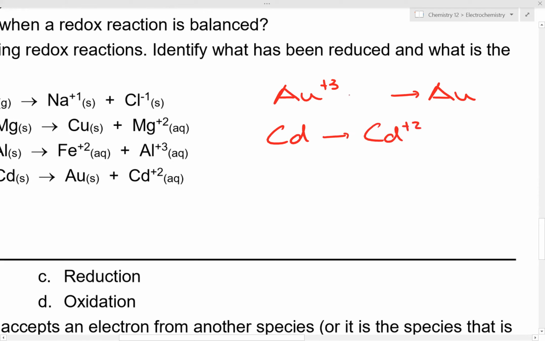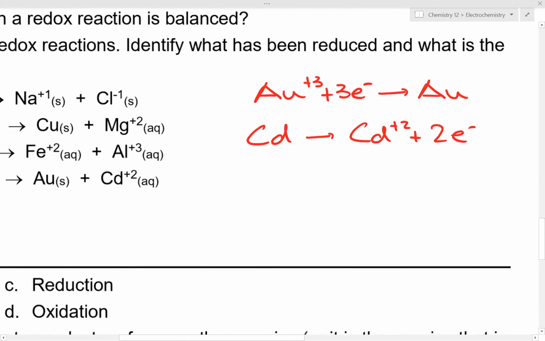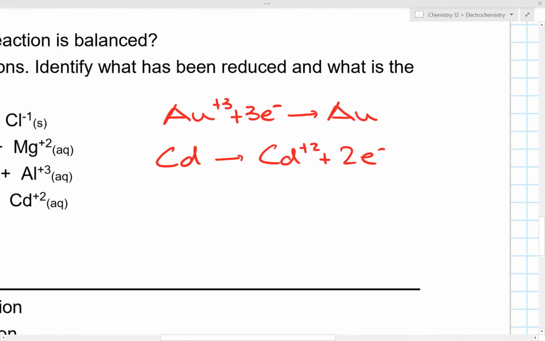Now, in the top equation, we know that there are 3 electrons. Here, there are 2 electrons. How did we know the top one was 3 electrons? Because we needed to reduce the charge by 3 to go from 3+ all the way down to 0.